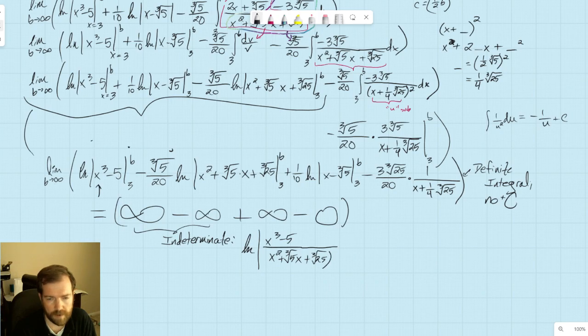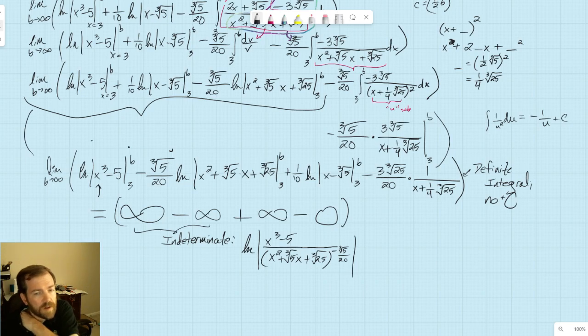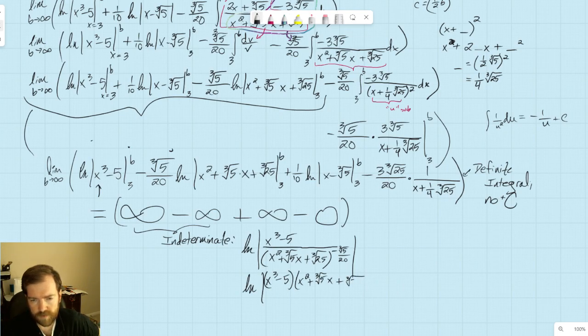And the denominator here is raised to the negative cube root of 5 over 20th power. I mean, we could have even just left it with that. Right, if we flip it to the top now, it's going to be natural log absolute value x cubed minus 5 multiplied by x squared plus cube root of 5x plus cube root of 25.